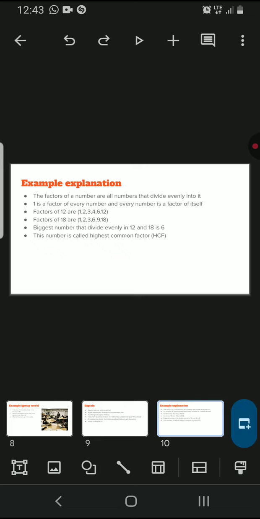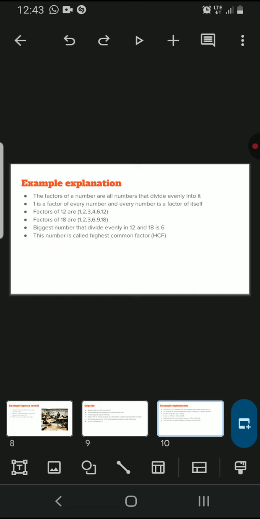Example, a teacher may explain as follows. The factors of a number are all numbers that divide evenly into it without leaving a remainder. 1 is a factor of every number, and every number is a factor of itself. For instance, we list the factors of 12.